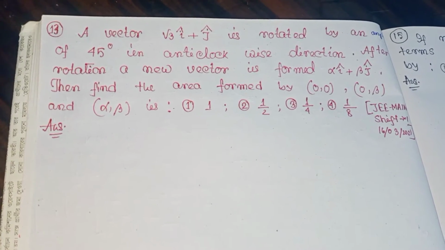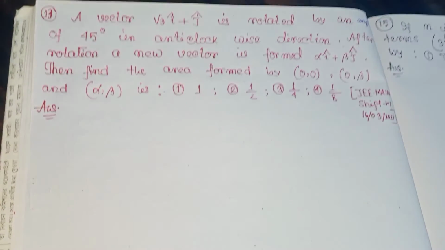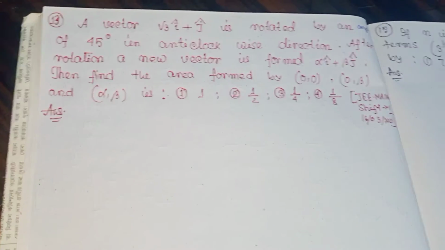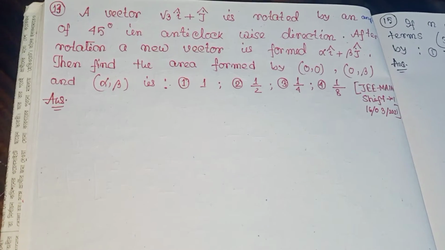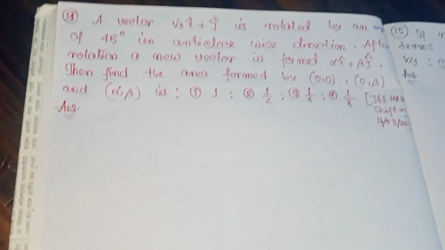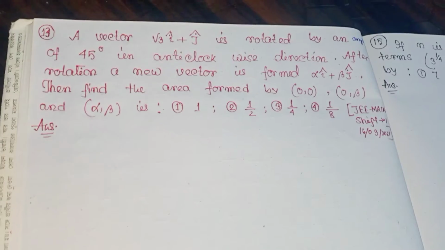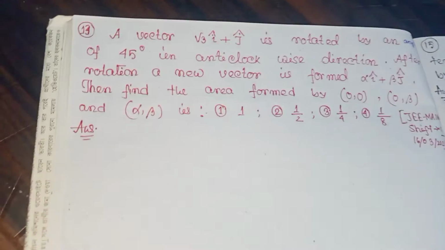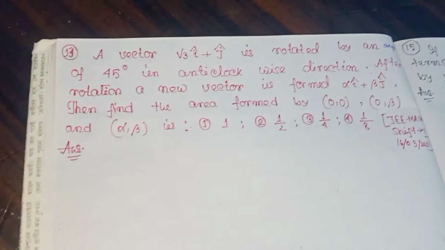After rotation, a new vector is formed, alpha i cap plus beta j cap. Then find the area formed by (0, 0), (0, beta) and (alpha, beta). Four options are given. This is a question on vectors, and it's a memory based question, and a step-wise solution is provided.